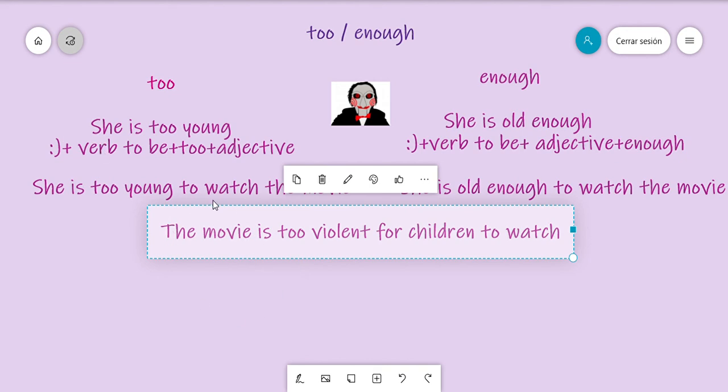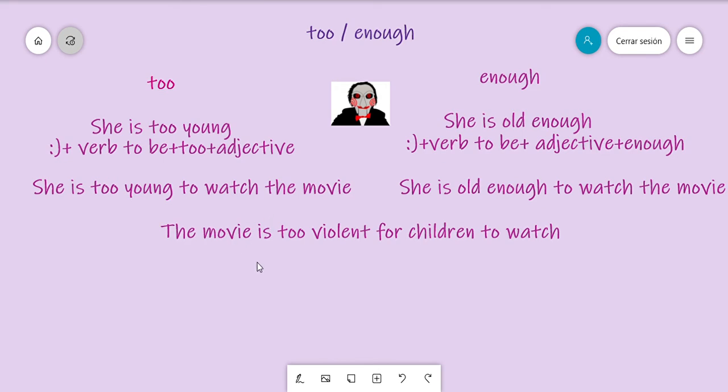I talk about the movie or the thing that is dangerous for the rest of people. For that reason, I used first my object and after my verb to be, and the kind of adjective that is past the limit that you want to explain. And in this case, I write the people, in this case children, that the movie is meant for that kind of public.